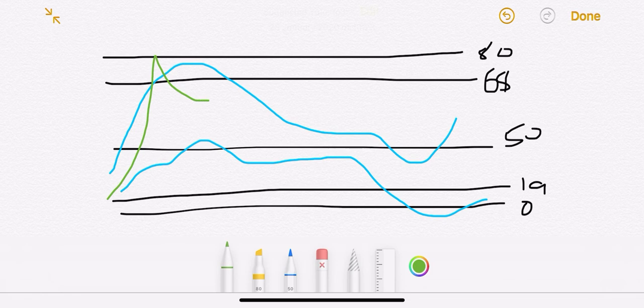So the green line is our price line, then the light blue are our volatility bands or the boundaries, and we've got our levels.